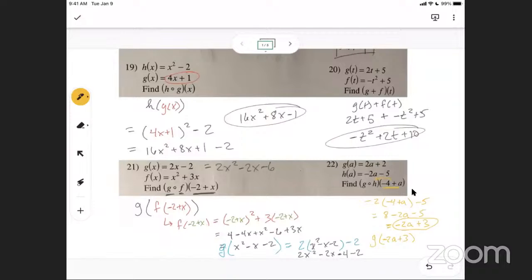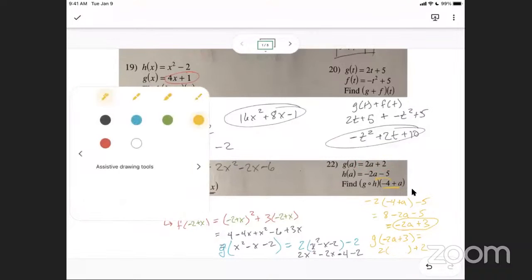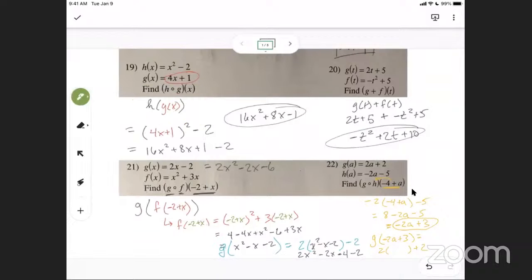I'm writing 2 parentheses plus 2. So I just wrote this thing out, but left the a, and then I'm plugging negative 2a plus 3 in here. Distribute.